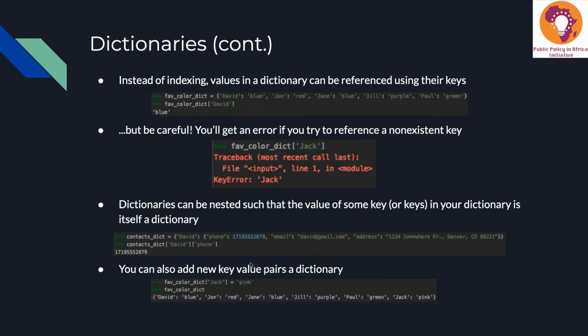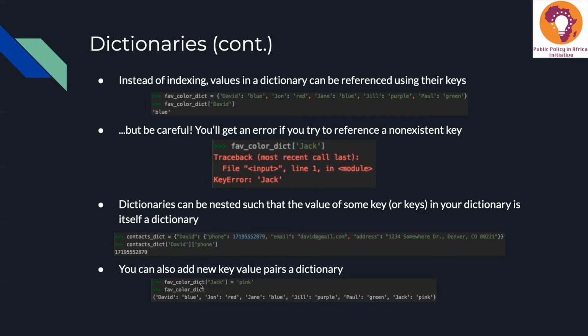You can also add new key value pairs to a dictionary using the bracket notation. So, up here, I got a key error when I tried to see if Jack was in the dictionary, and Jack wasn't. But now I do want to add Jack into the dictionary.